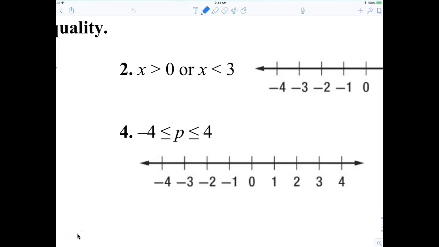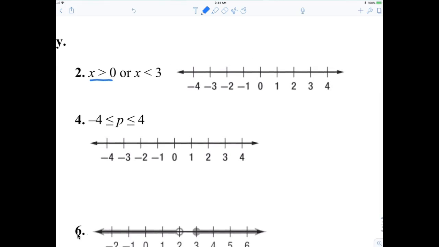So I'm first going to graph x is greater than 0. If I ask you to graph x greater than 0, you should put an open circle, and then you're going to the right.